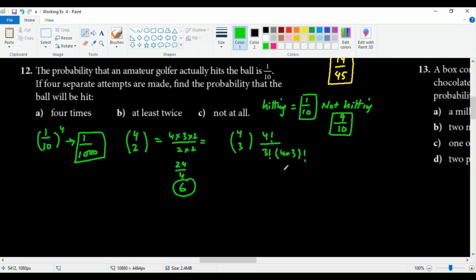So finally this is going to give us 4 times 3 times 2 times 1, and next is 3 times 2 factorial means 2. So this gives us 24 over 6, which is going to give us finally a 4. Now this gives us a 6 and this one gives us a 4. So keep this in mind.